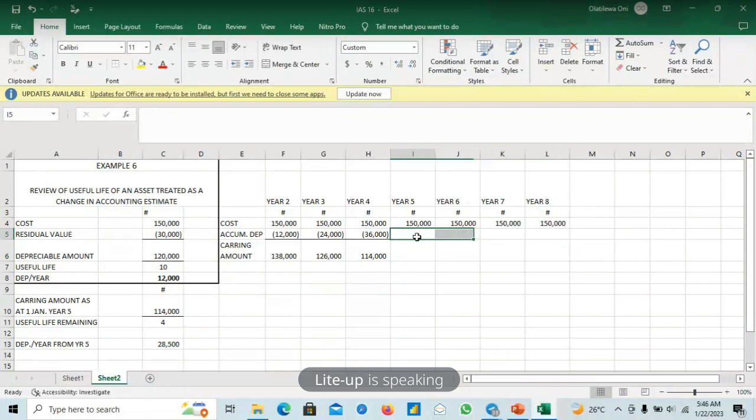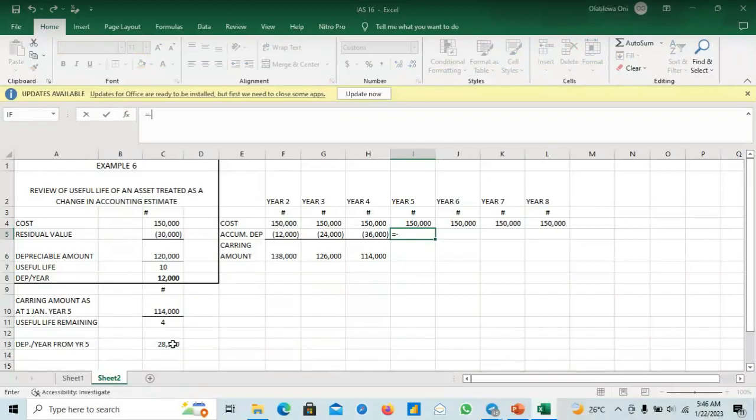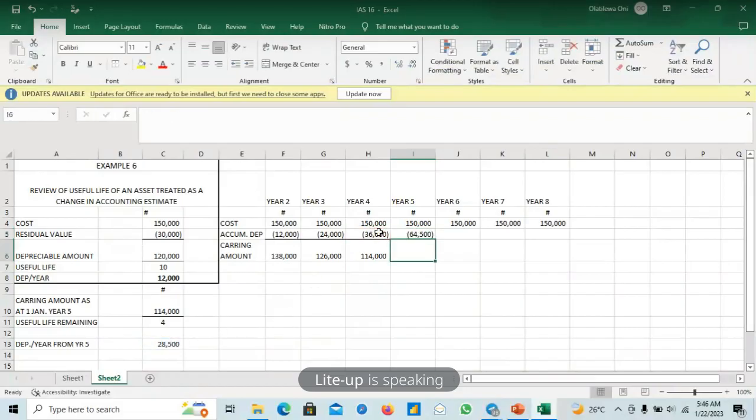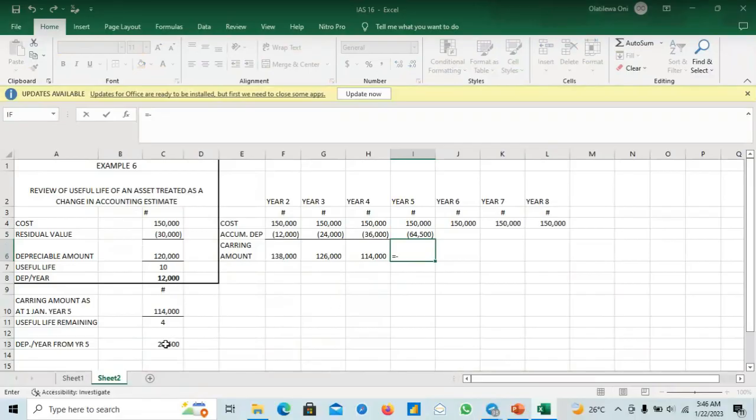The accumulated depreciation here will now be the amount that we had before. We'll start from that place plus this. It must increase. We had accumulated depreciation before, this plus this.